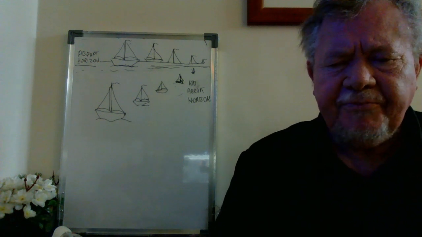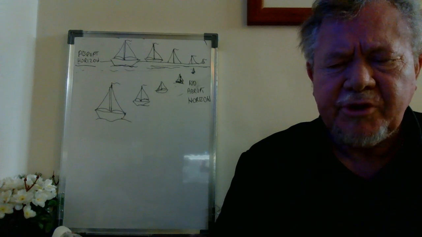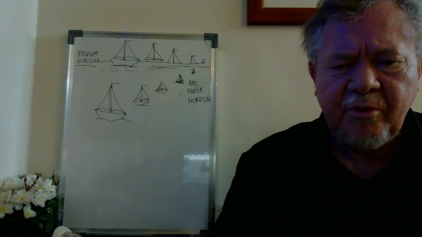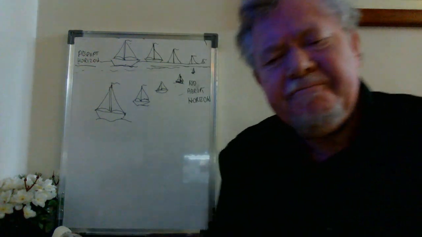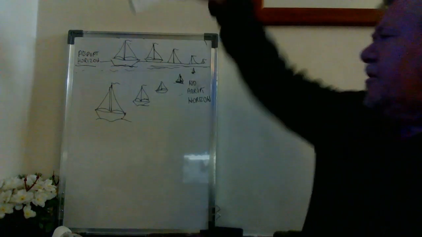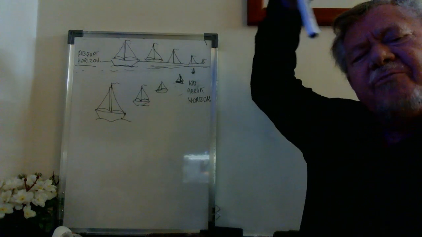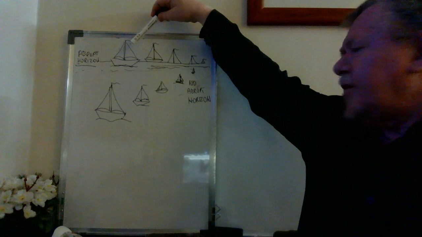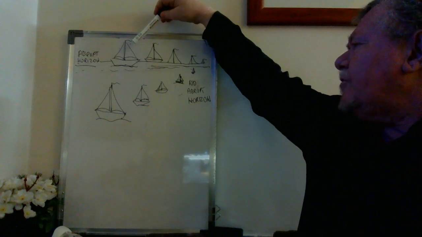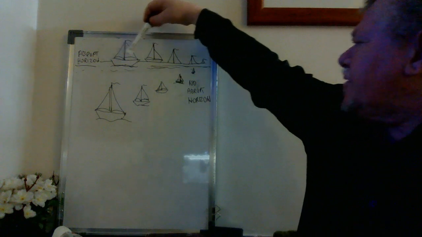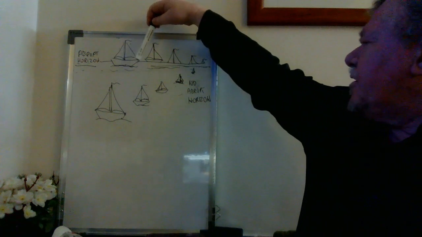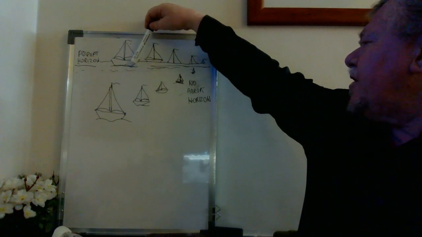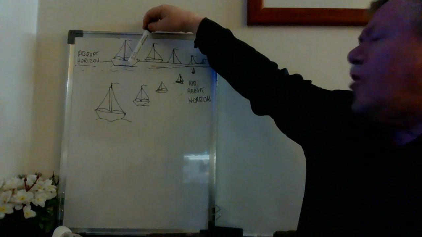Okay, so let's have a look at this little diagram that I've done on that board behind me, and I think I'll get the pen out and just point to things. So we'll have a look over here, and you can see that this here is the horizon, and this little boat in the front here is not over the horizon.